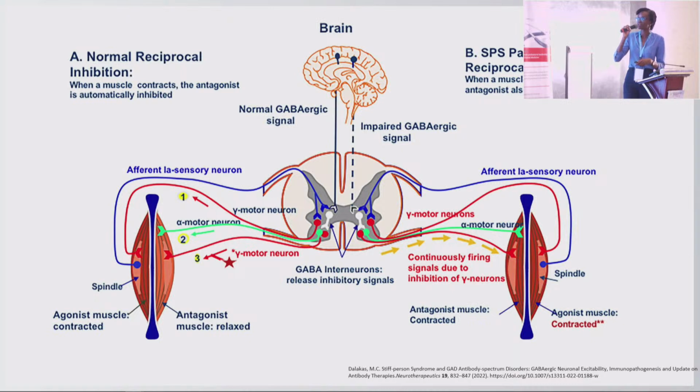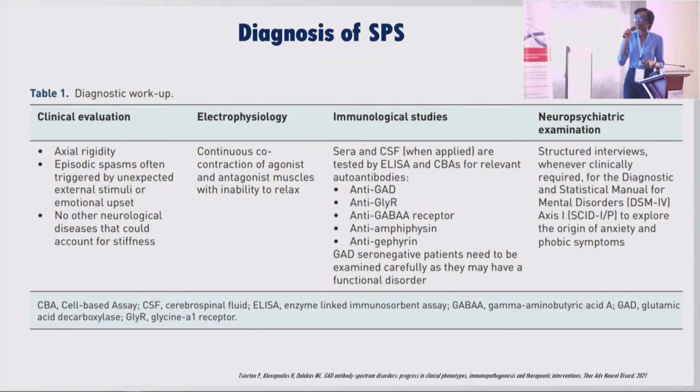But on the right, which is for stiff persons, you have loss of those GABA interneurons, so that when the agonist muscle is contracting, you are not able to relax the antagonist muscle, and the antagonist muscle also contracts, and this causes significant stiffness.